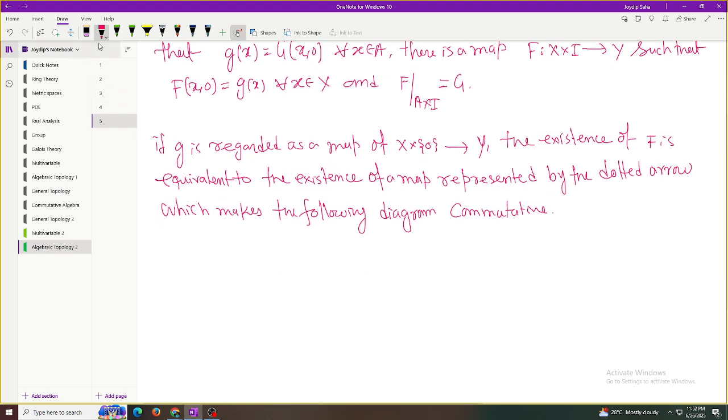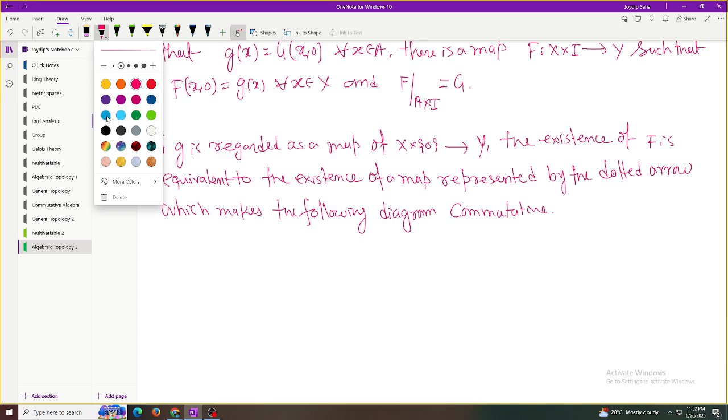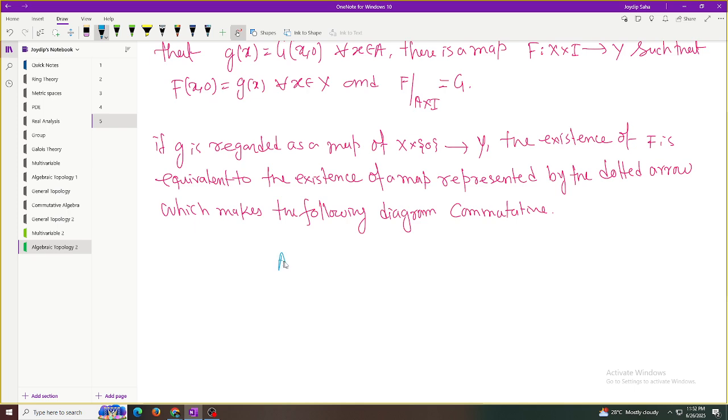So what is the diagram? You have A cross 0 sitting inside A cross I, and also inside X cross 0, and it is sitting inside X cross I, and this maps to Y. Now this map g is given, X to Y, so I can think of it as an X cross 0 to Y map.